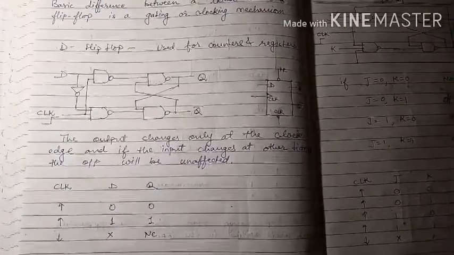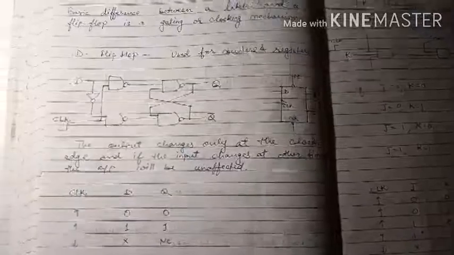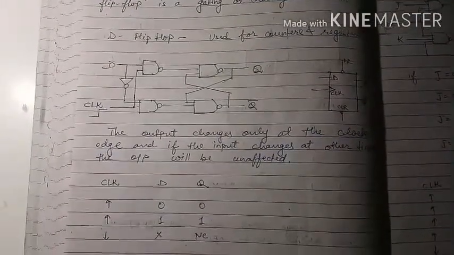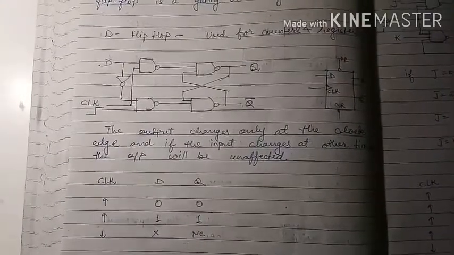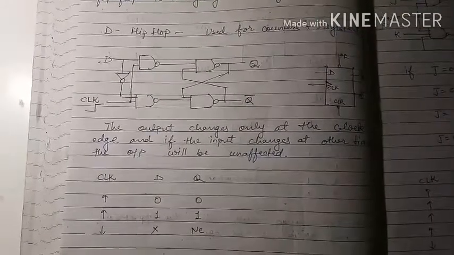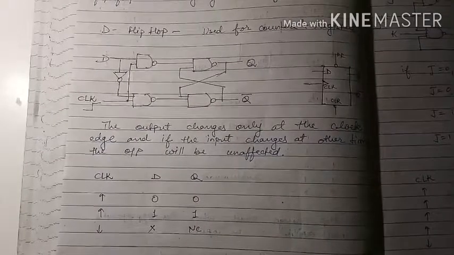This is normally used in counters and shift registers. You can see the circuit of a D flip-flop. Here we have got only one input, D. There is no other input along with the clock signal. Now we are talking about a flip-flop, so it must be a gated structure.